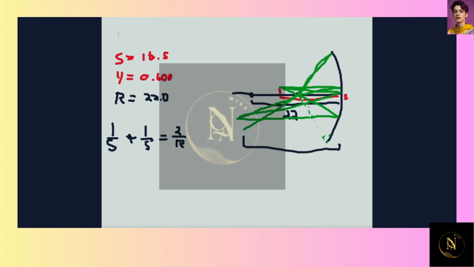So S prime is the distance from the mirror to our image.